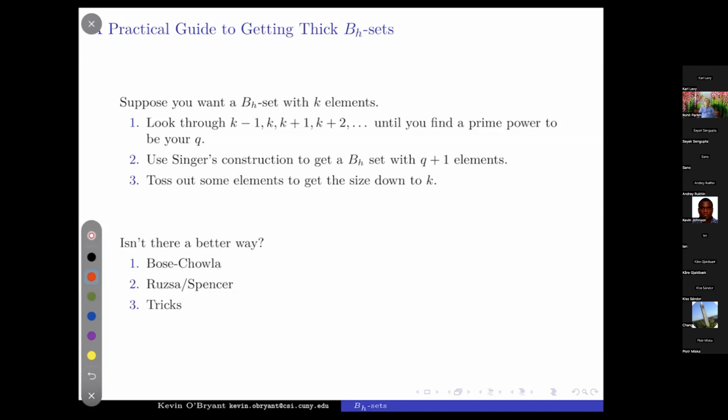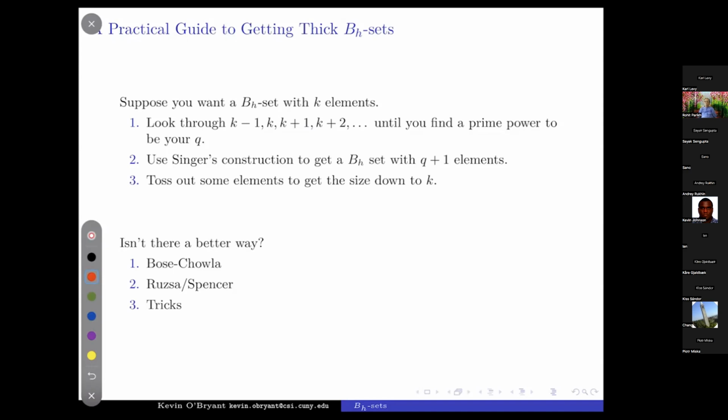So Bose and Chowla, I'm not sure of the date on this, maybe 1960 or so, don't quote me on that, have a way to get B sub H sets that is less computationally intensive, and they tend to not be quite as thick as Singer sets.